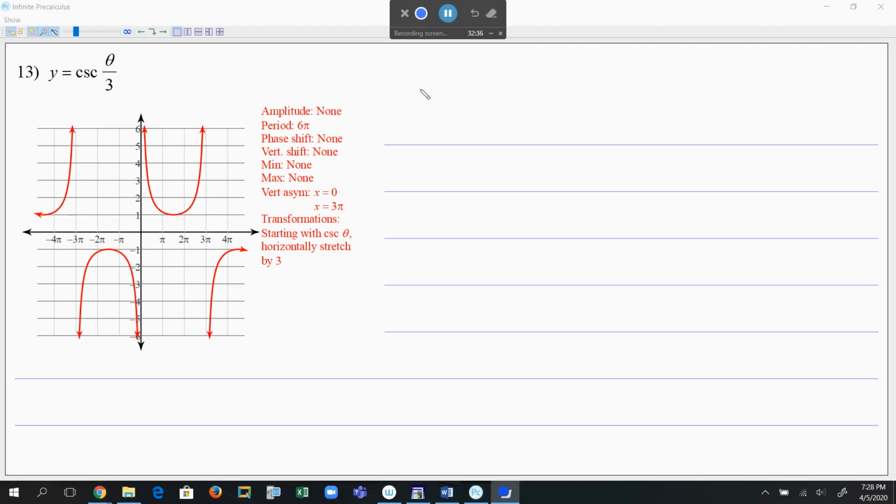Okay, so think about what we just said. If we give you the function y equals a cosecant b times theta, to find the period for cosecant, you take the period for the parent function, 2 pi. In this case, because there is a coefficient b, it is 2 pi divided by b.